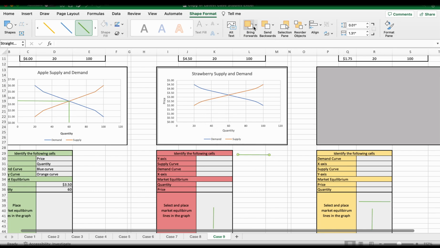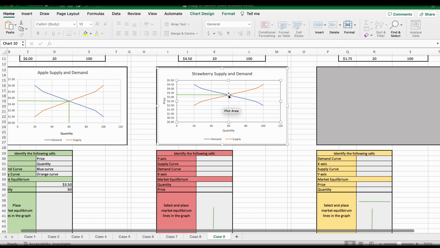So let's bring it forward. You click forward, you can just leave it here and then click here, bring forward. There you go. After a couple clicks, you bring the line to the front. So just drag it and put it on the intersection point, as you can see here from both curves.